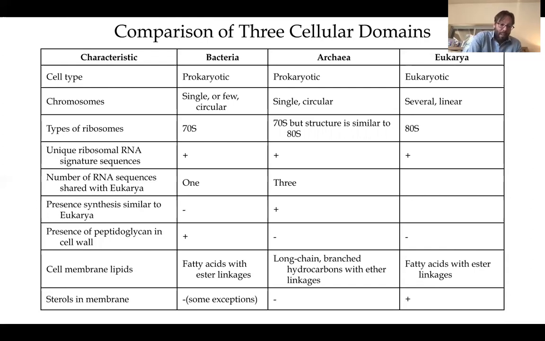But like bacteria, they, for the most part, lack sterols in the membrane, which eukaryotes do have. And remember, sterols are these alcohols that form cholesterol and things like that. There are some exceptions because, as we mentioned, the mycoplasma have sterols that make up their membrane, and that's what allows them to be pleomorphic in all different types of sizes, right?